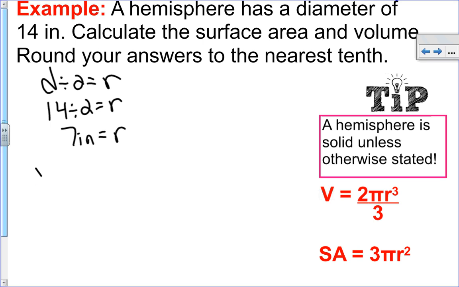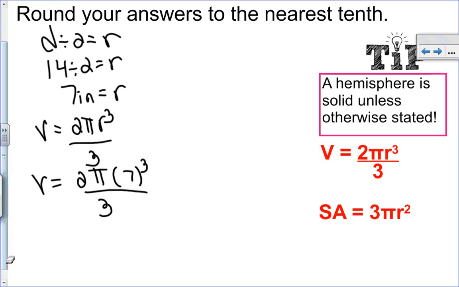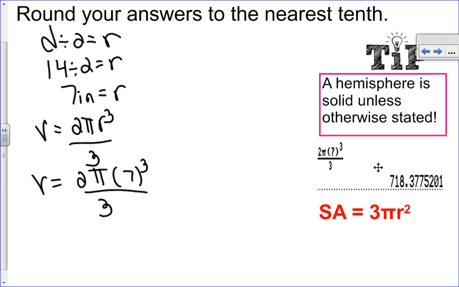So the volume is 2 pi r cubed divided by 3. I always start with my formula, and then in the next step, I just use brackets to make my substitution. So there I would have 2 pi 7 cubed divided by 3. I would enter it into the calculator using my fraction template that I just showed you.